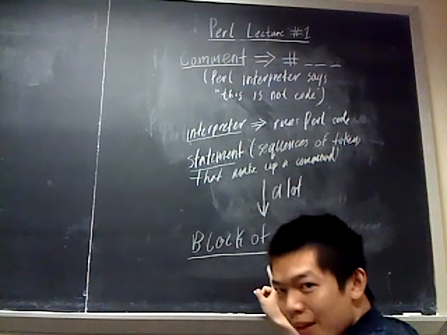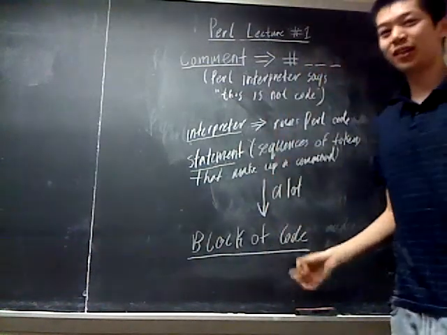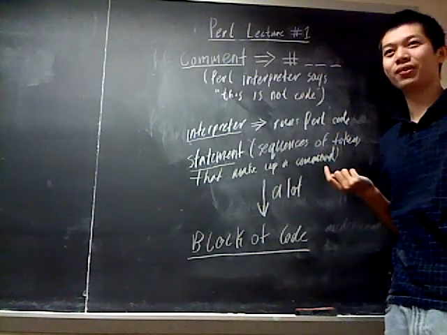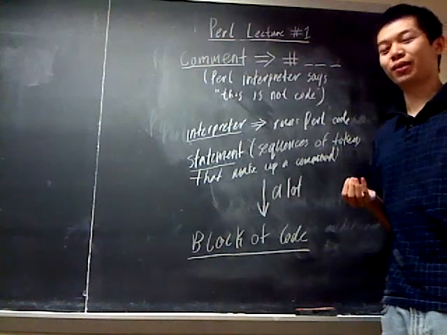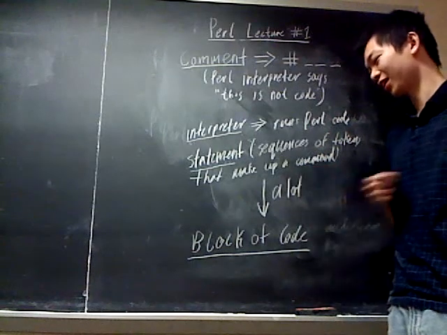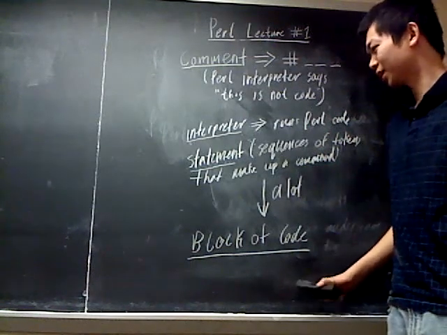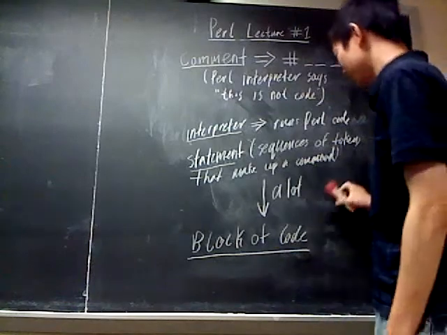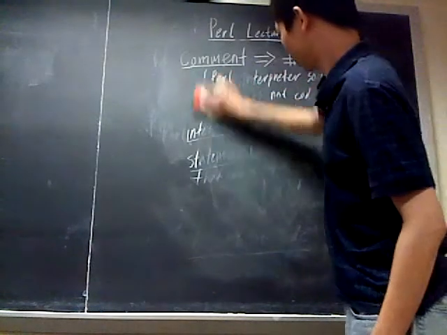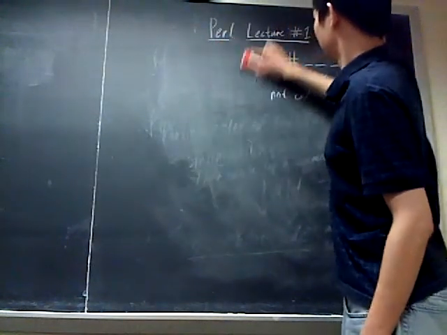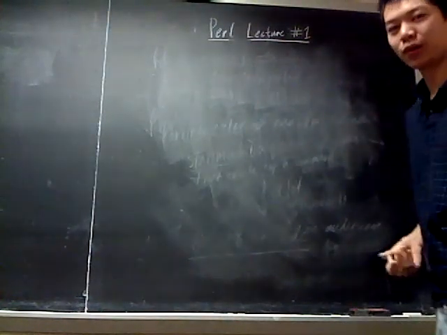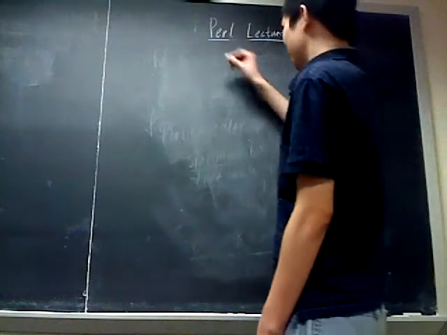And the block is basically what you imagine when you think of computer scientists when they write like huge lines of code. Most of them can be broken down into blocks. So that's a nice hierarchy. And then now I want to talk about something else. So some blocks of code can be organized into subroutines.